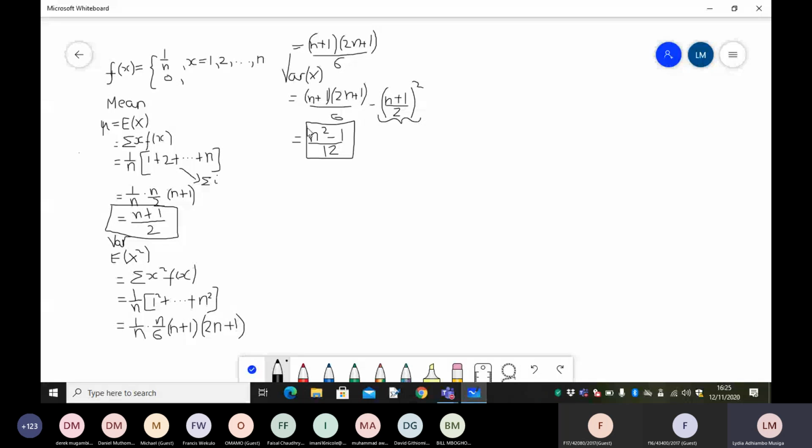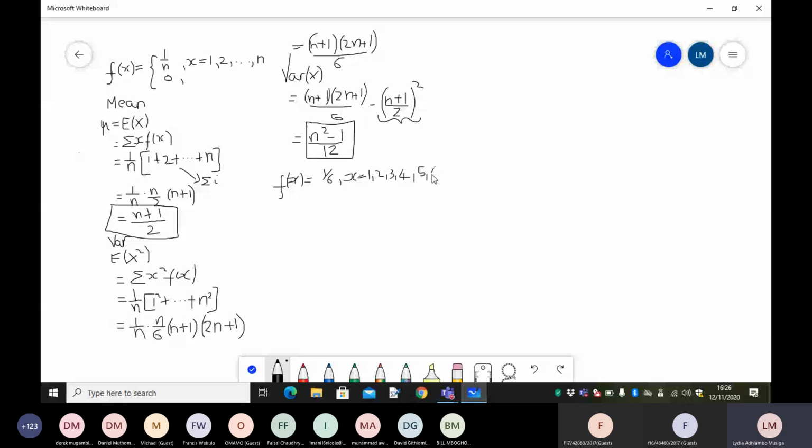A discrete random variable x has PMF f of x equal to 1/6 when x takes values 1, 2, 3, 4, 5, and 6, and it is 0 otherwise.